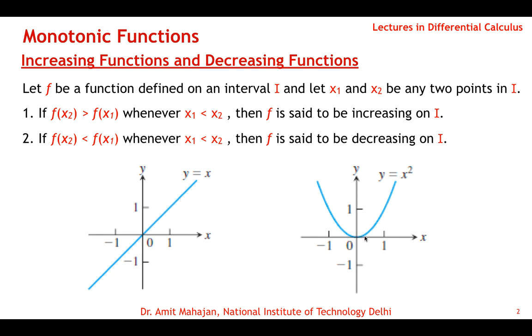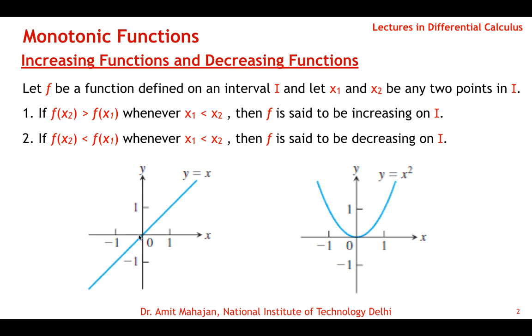Similarly, if I take any 2 points, say x1, x2 here, and the corresponding function values are f(x1) and f(x2), so for all x2 greater than x1, if f(x2) is less than f(x1), then we say that the function is decreasing.